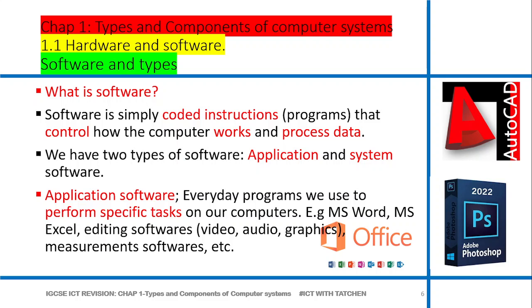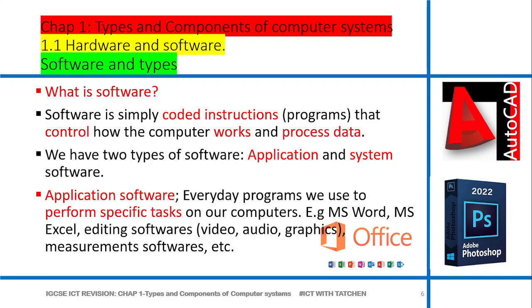Maybe you're adding two things together, like the calculator on your laptop, or you're typing a document using Microsoft Word, or you're doing some calculations in Excel. It could be editing software like video editors or Photoshop for graphics. You could be drawing a house plan using AutoCAD. So those are all application software.